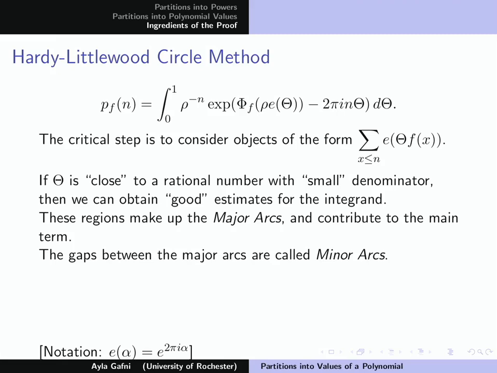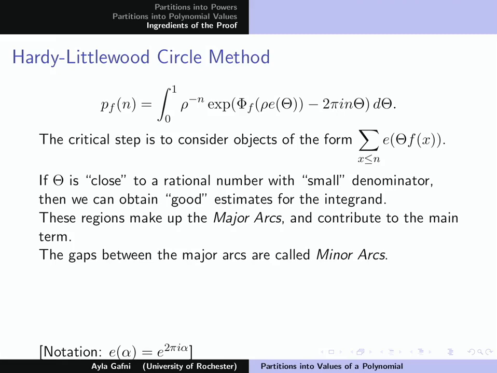And the key idea is that if theta, which is my multiplier in front of my polynomial, is close to a rational number with small denominator, then we have good estimates for this exponential sum, and that is going to be the main contribution to this integrand. And if it's far away from a rational number with small denominator, then it's going to be put into the error term, and that's what we call the minor arcs.